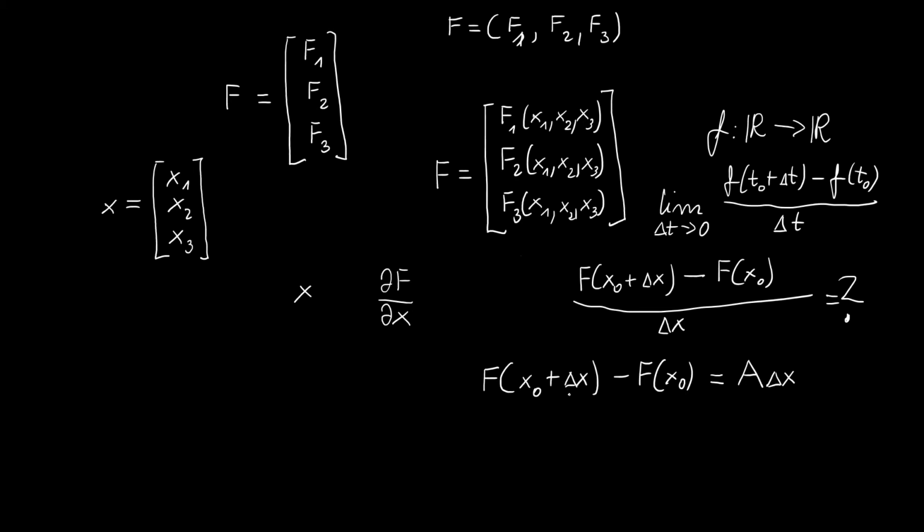And the smaller delta x is, the better the approximation is. So what can A be? A can be, in theory, a real number, because you can multiply a real number by a vector.